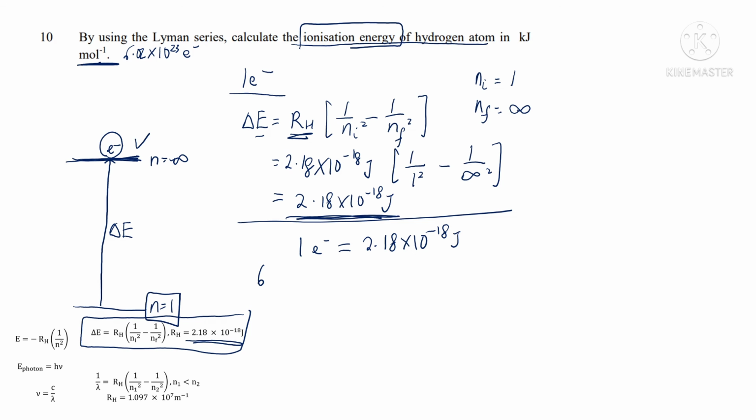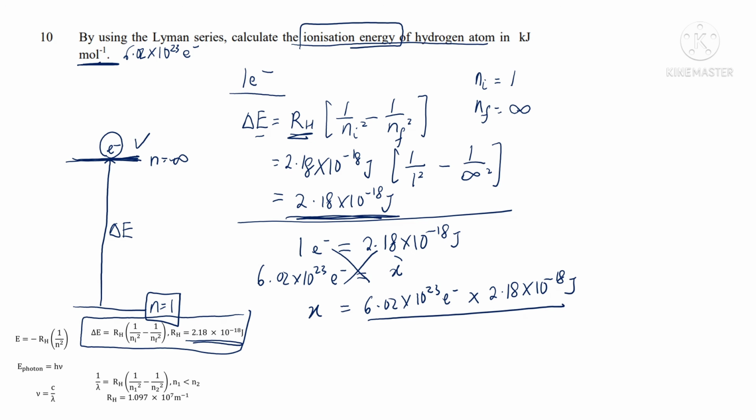For 1 mole of electron, 6.02 times 10 to the power of 23 electron, we want to calculate the amount of energy needed. To calculate X, we can apply cross multiplying: 6.02 times 10 to the power of 23 electron multiplied by 2.18 times 10 to the power of negative 18 joule. We just want to find X, so we divide by 1 electron to give us X as 1.312 times 10 to the power of 6 joule.